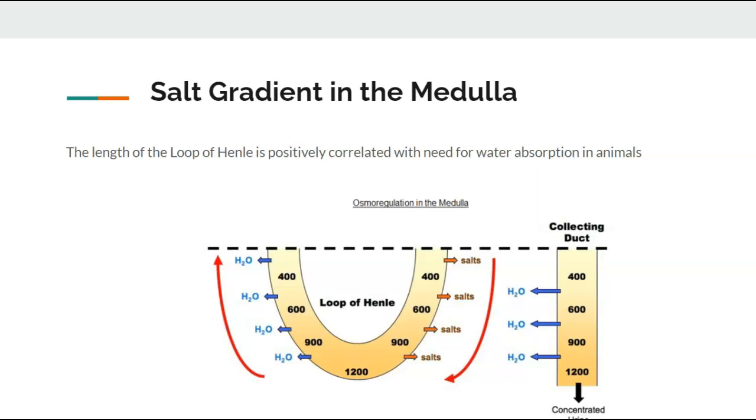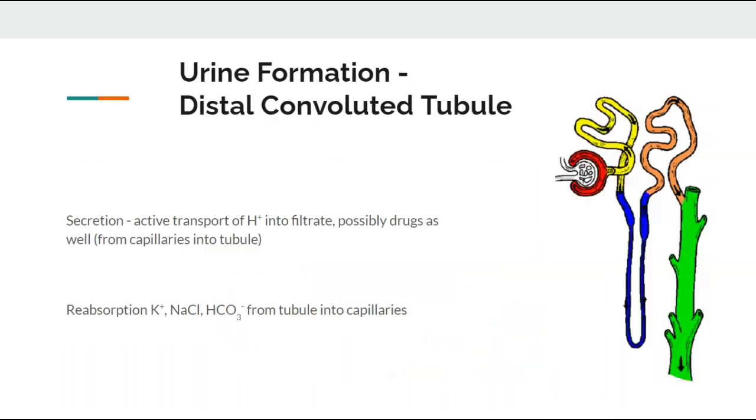So the longer the loop of Henle, the less need for drinking water because you are able to absorb more water.